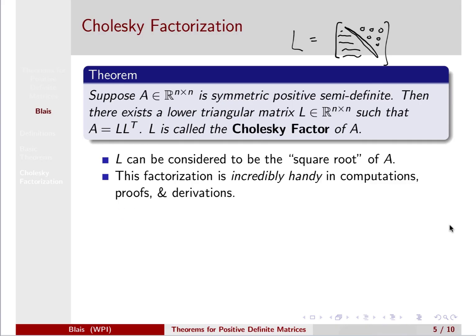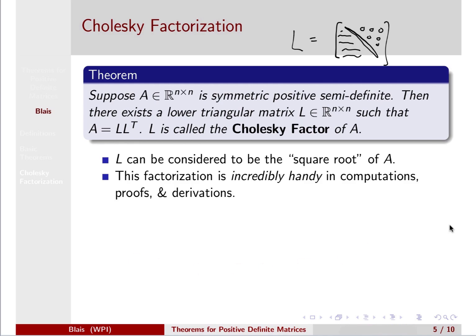In fact, some of the theorems in this lecture can be proved by calling upon the Cholesky factorization. And this works in the positive definite case and the positive semi-definite case. In the case where A is positive semi-definite but not positive definite, you'll get at least one 0 appearing on the diagonal. But this is a very handy factorization.